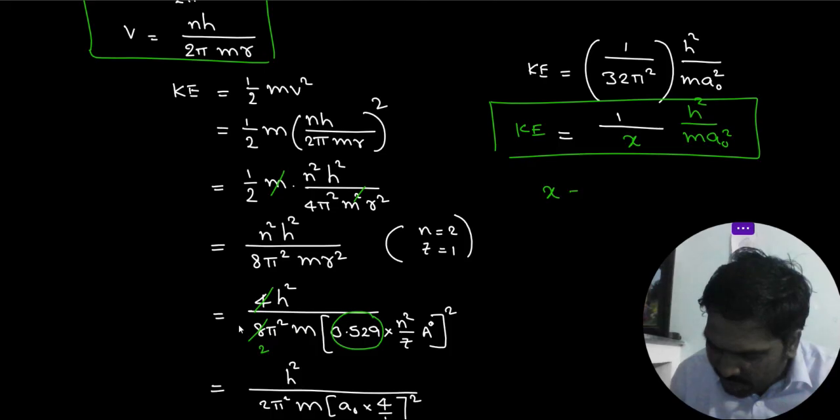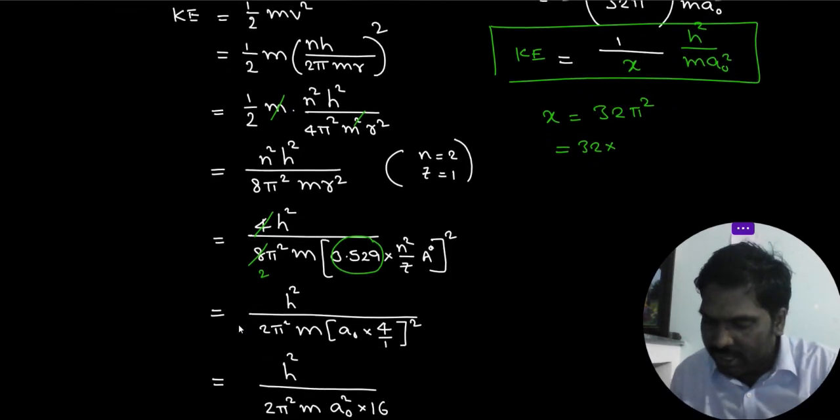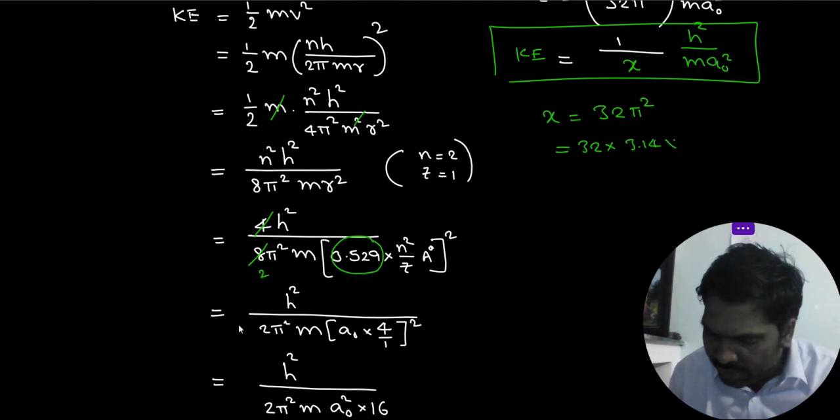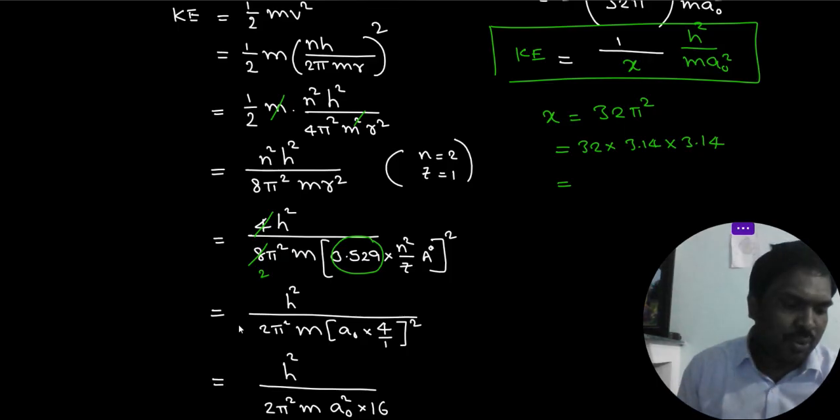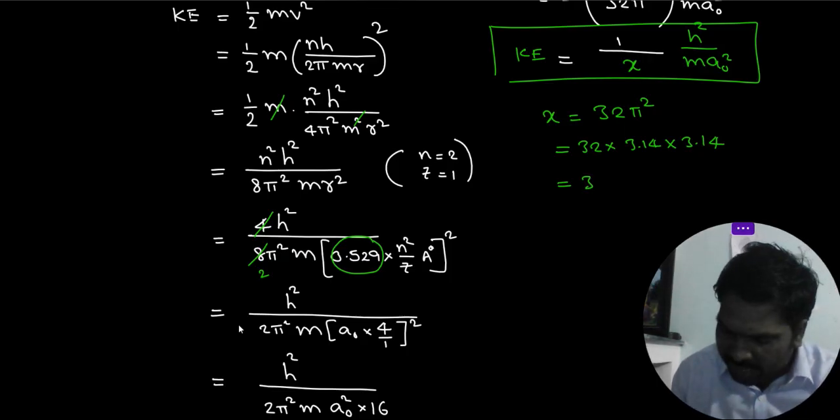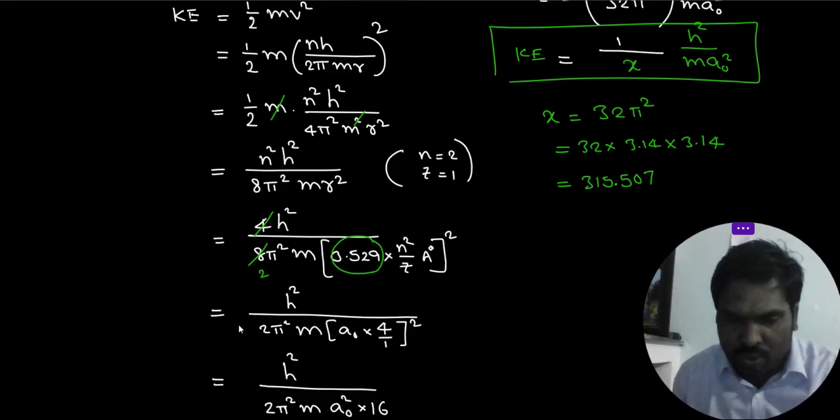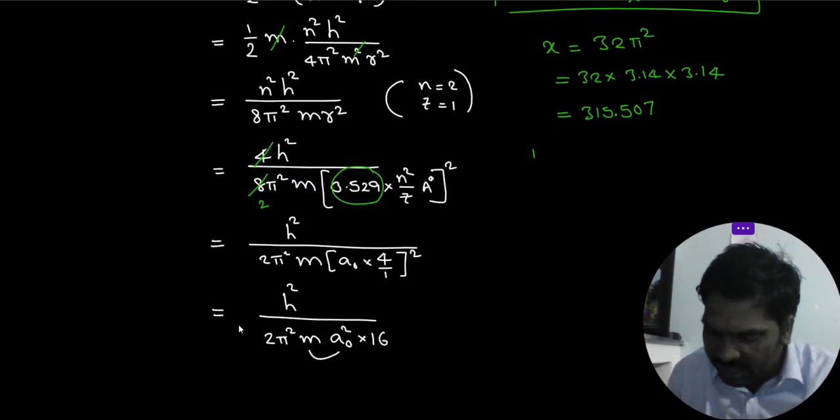Now here x equal to 32 pi square. 32 into pi value, 3.14 into 3.14. Then this value is 315.507. But in the question, what value is asked? 10x.